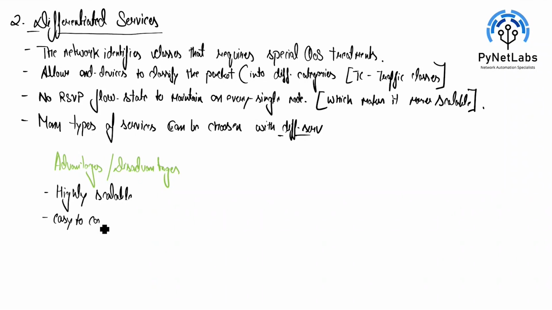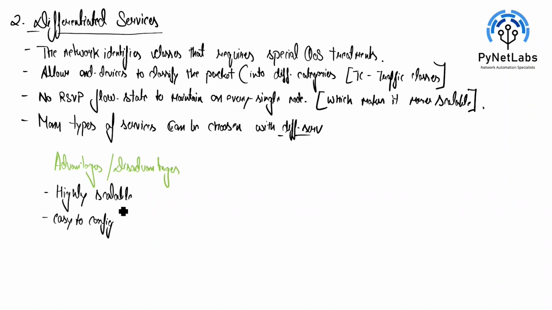It's not as complicated as integrated services. On the other side, we have complex traffic classification, because, as I already told you, it classifies the data packets into different categories or classes.